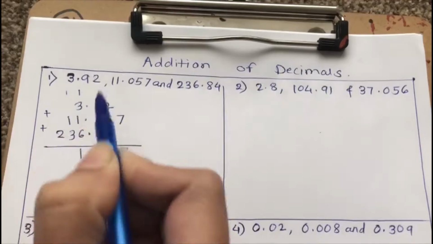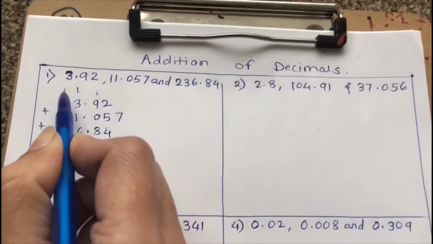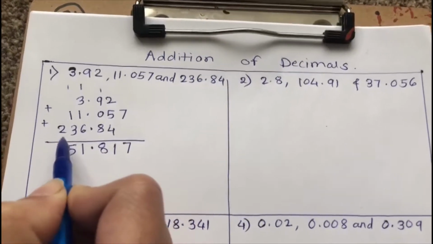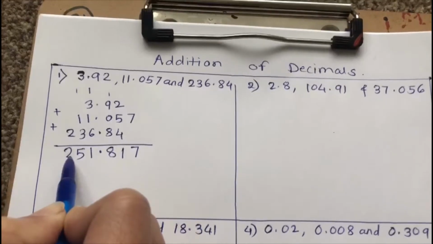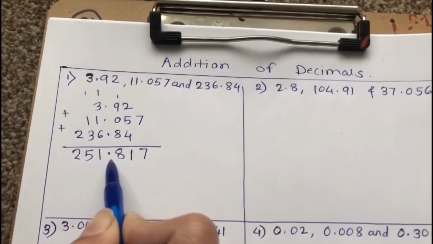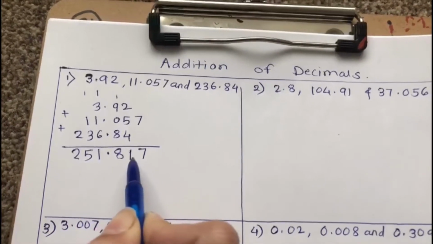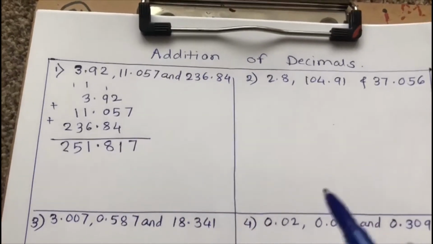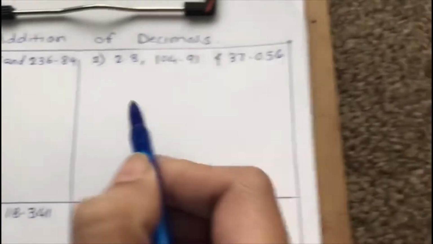So I write 1 here. 3 plus 1, 4 plus 1 is 5, and I write 2 here. So the answer is 251.817.